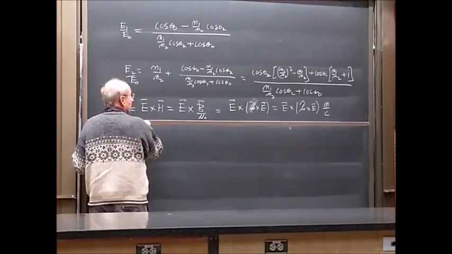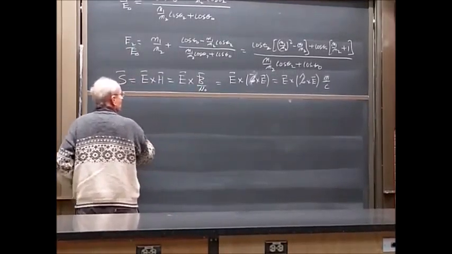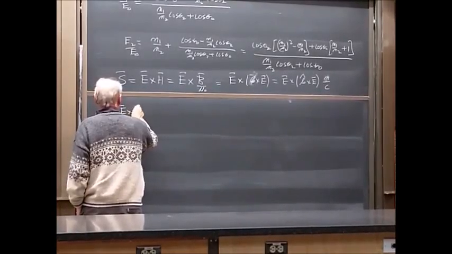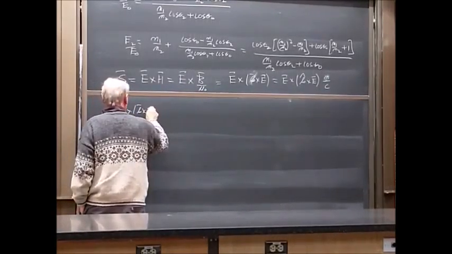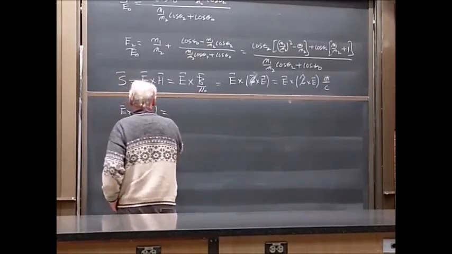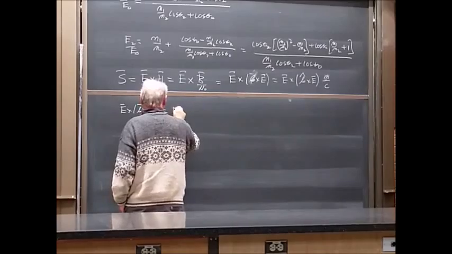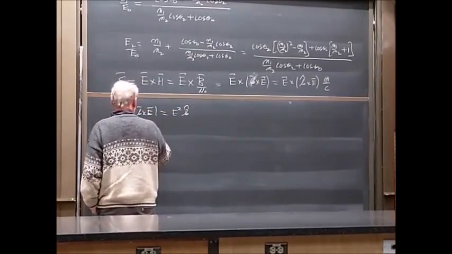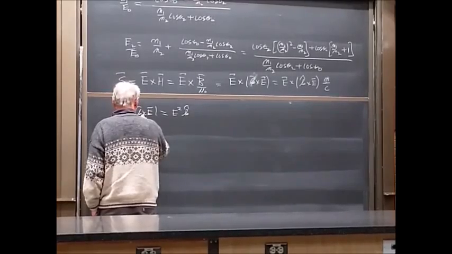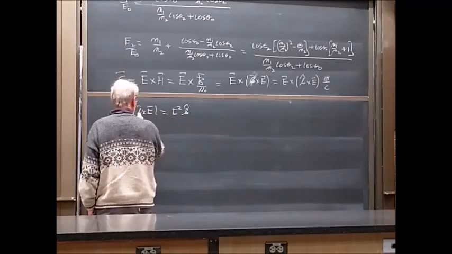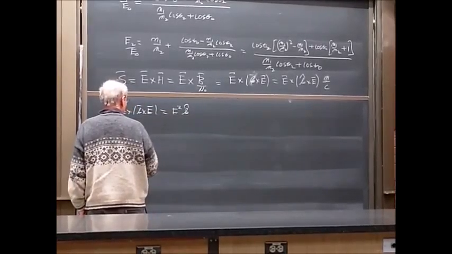So that's S. So let's just work out that triple product. E cross K cross E is this dot that times K, E squared K hat, minus this dot that times that, but K dot E is 0.